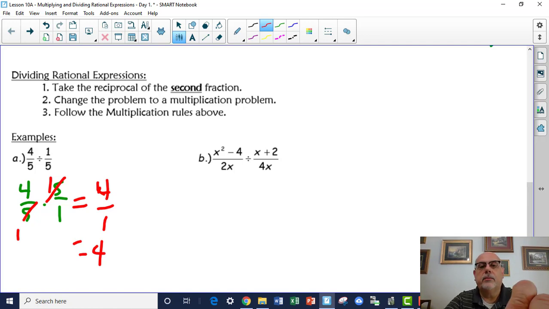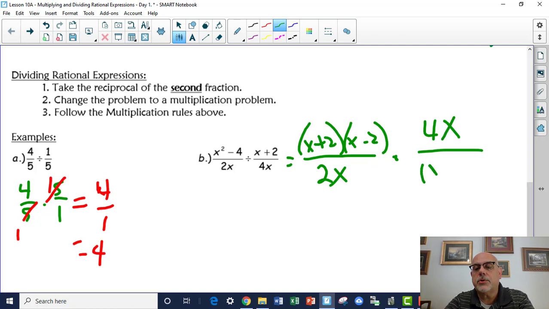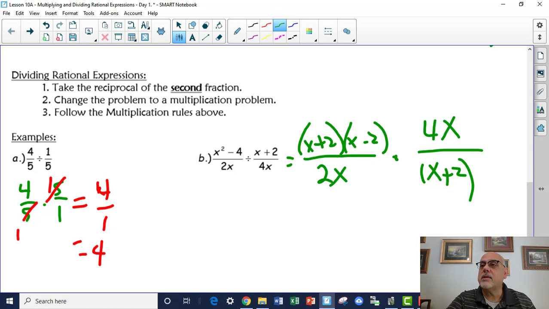Okay. Let's take a look at B now. So the 2x stays as 2x. X squared minus 4 is x plus 2 and x minus 2 times. Now we're going to flip this. So you get 4x on top and x plus 2 on the bottom. So if you needed to factor the second term, when you flip it, then factor it.